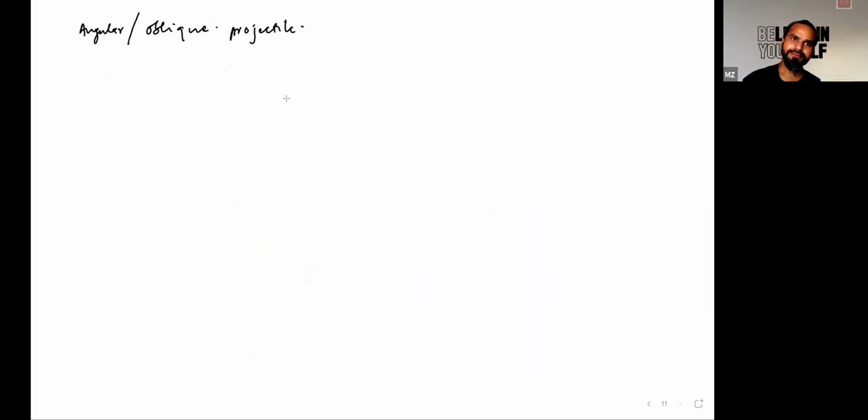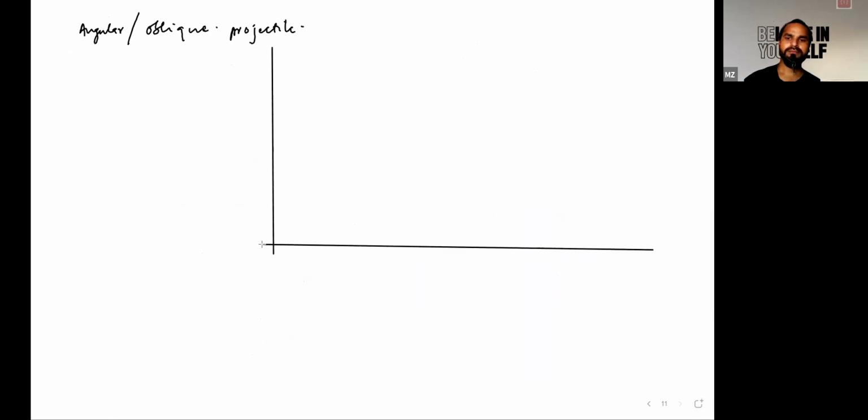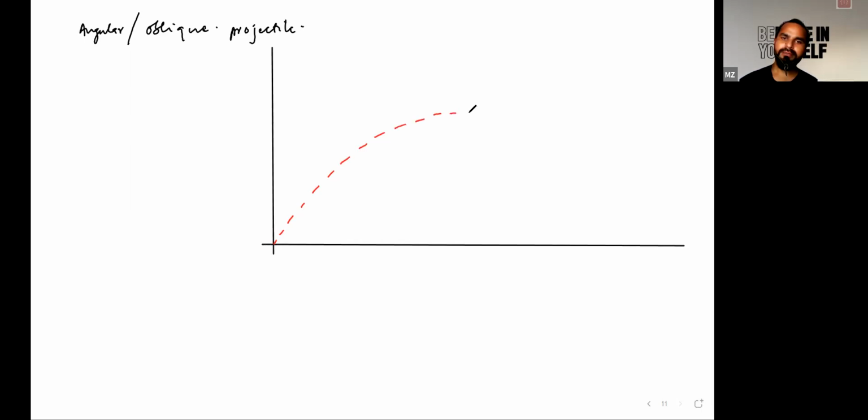Let's say if a body is thrown at some angle theta with respect to horizontal, then it will move like this, reach the maximum height, and then it will return back to the ground like this.